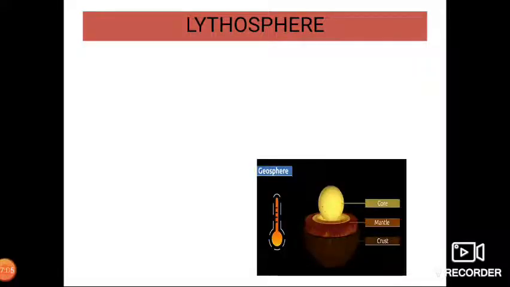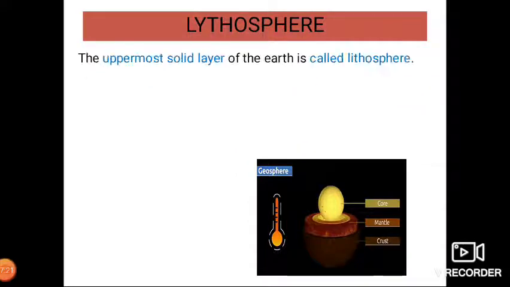Now let's learn about the lithosphere or geosphere. It is mainly divided into three parts, as you can see in the picture: crust, mantle and core. Let's learn them one by one. The uppermost solid layer of the earth is called the lithosphere. It is formed of rocks and soils.